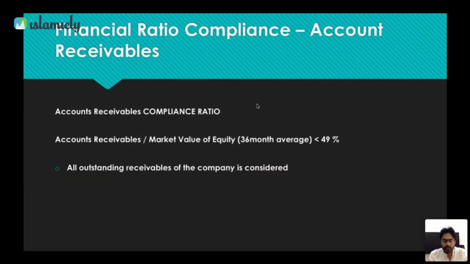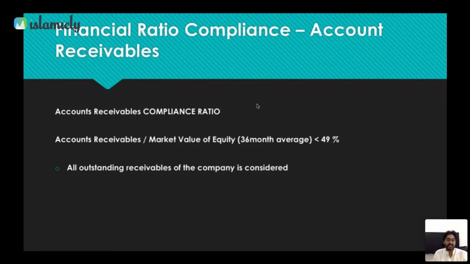This is another ratio which our Sharia committee believes in, although a lot of other Sharia scholars may not follow this criteria, which is the accounts receivables ratio. Here the ratio has been kept very high, to about 49%. The principle is that if a company has about 50% of its valuation coming from assets which it has not realized, then it is not advisable for Sharia compliant investors to invest in these companies.